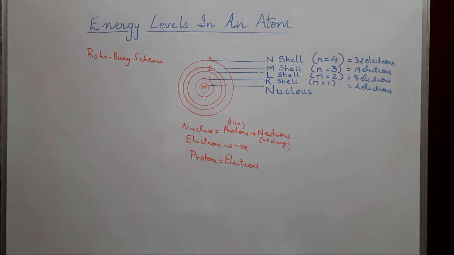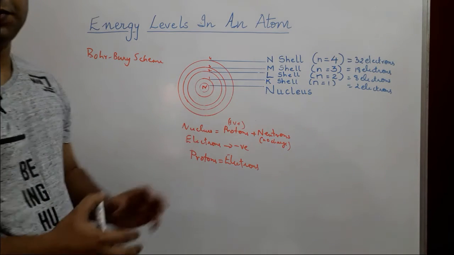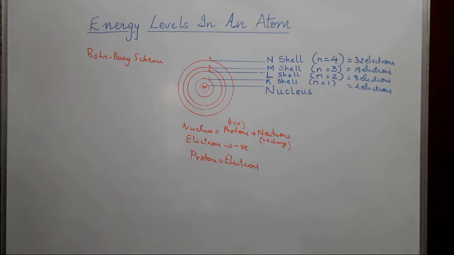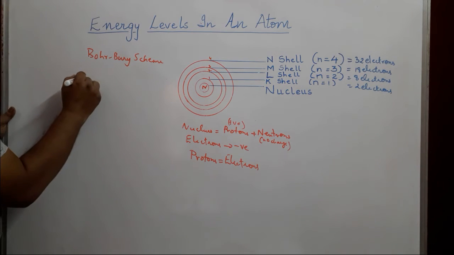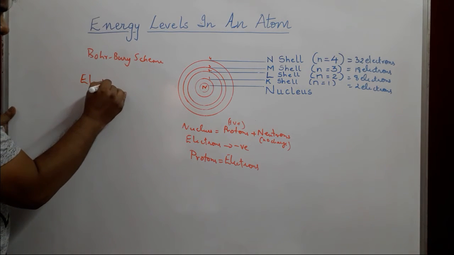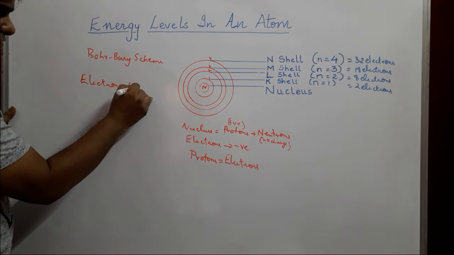Now before we go to this criteria, let's have a look at filling up of electrons in the first two shells, so that we understand the concept of electronic configuration. So we have to learn something called an electronic configuration.